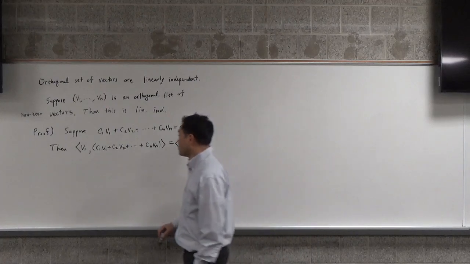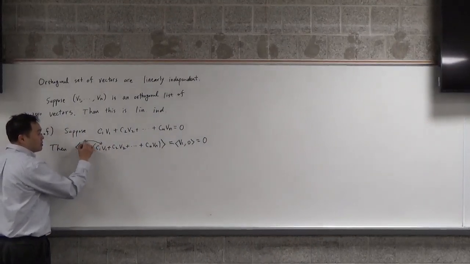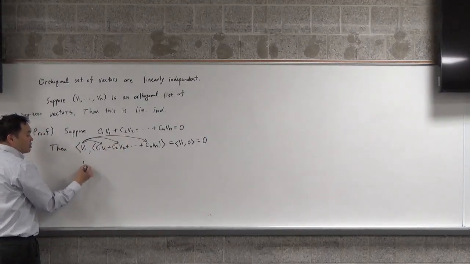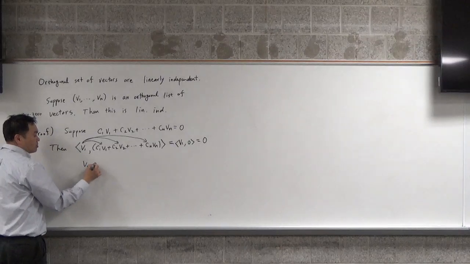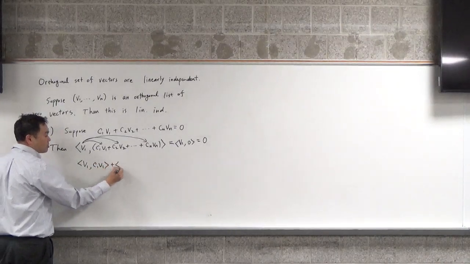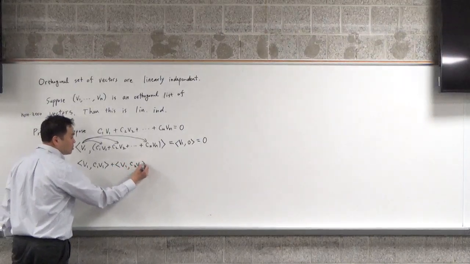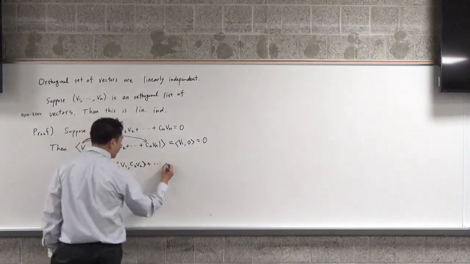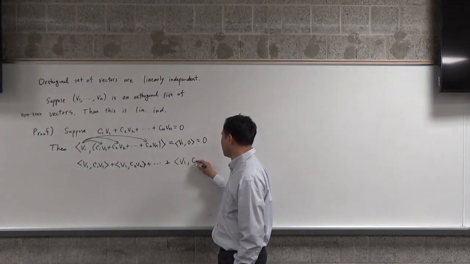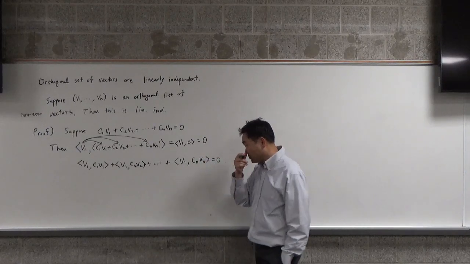But here's another way to do it. Using linearity, it'd be like that, right? So you have V1 with C1 V1 plus V1 with C2 V2 plus dot dot dot V1 with Cn Vn equal to 0.